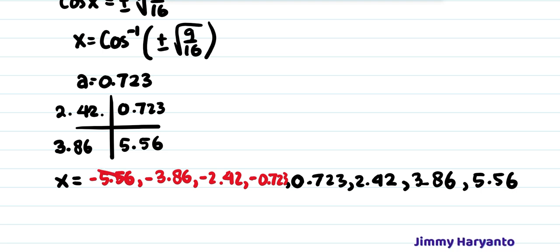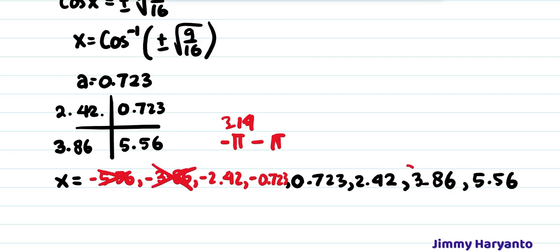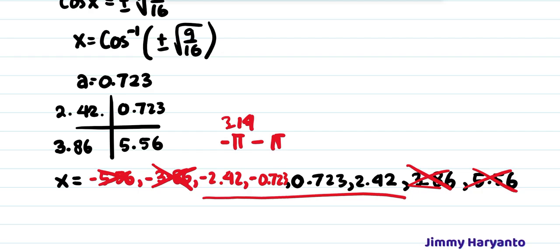So reject this one because it says from negative pi until pi, that means around 3.14. We reject this one also, and this one also. That means this is our answer.